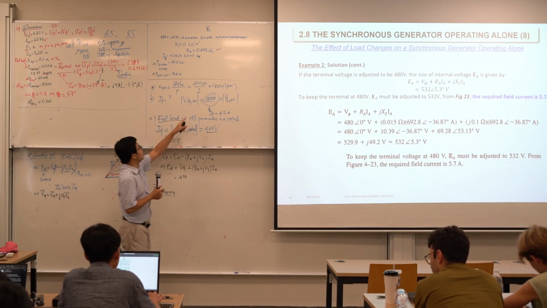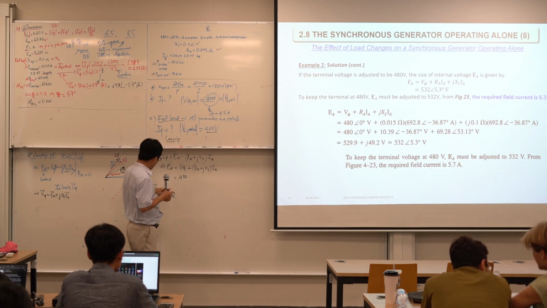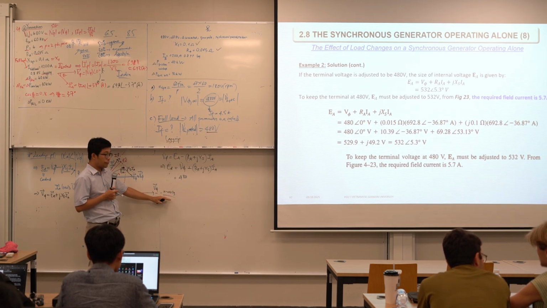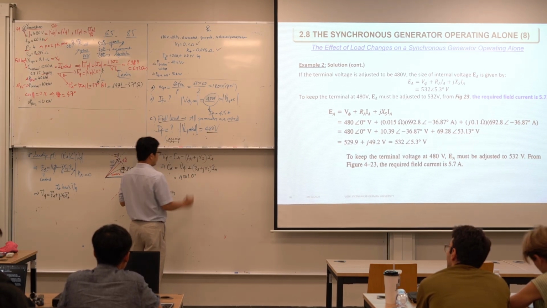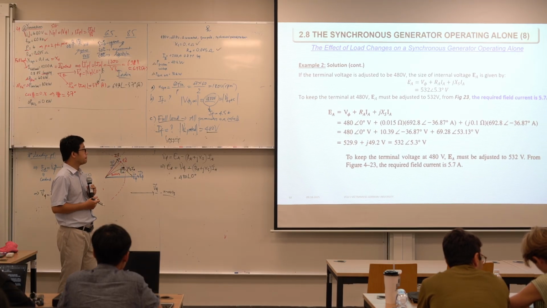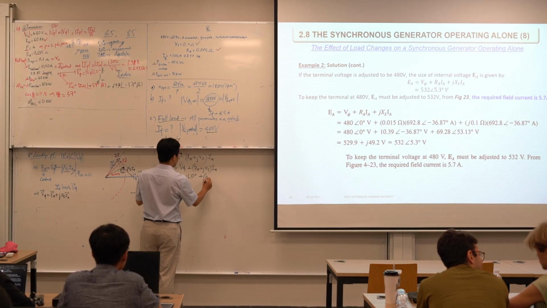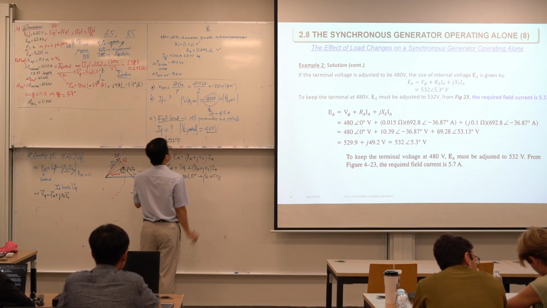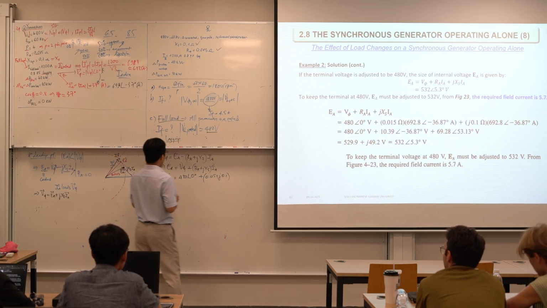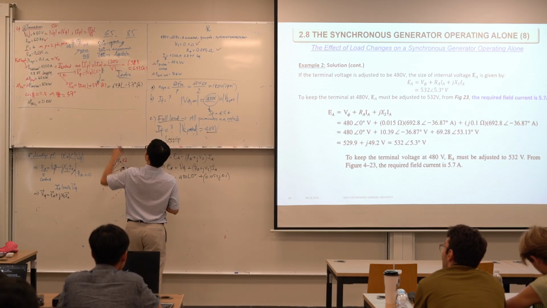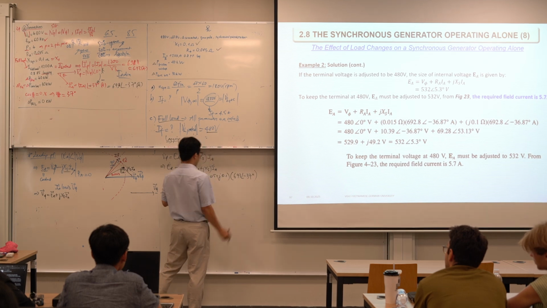V phase is V line because of the delta connection, so 480 volts at 0 degrees. RA is 0.015 plus j0.1 times IA. IA is 693 at minus 37 degrees.